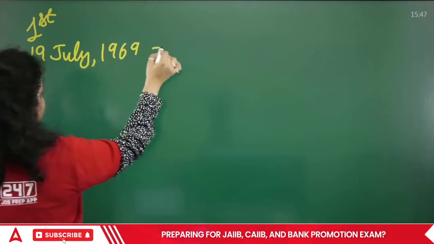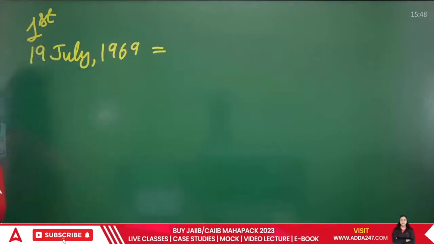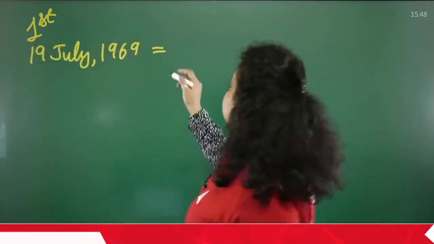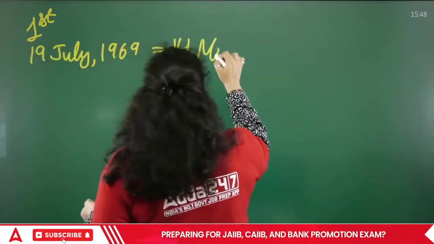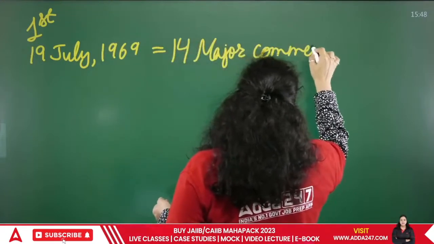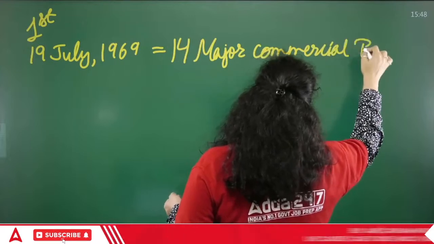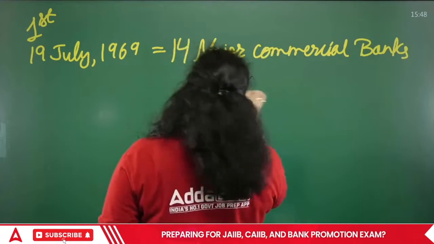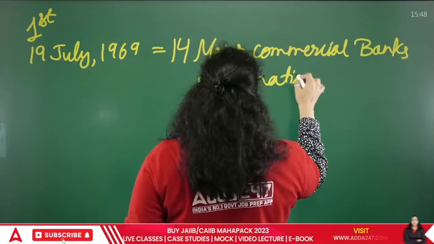In 1969, the first nationalization of commercial banks was done with the help of the Bank Nationalization Act 1969, in which 14 major commercial banks were nationalized. Now, why only 14? Why not more than 14?